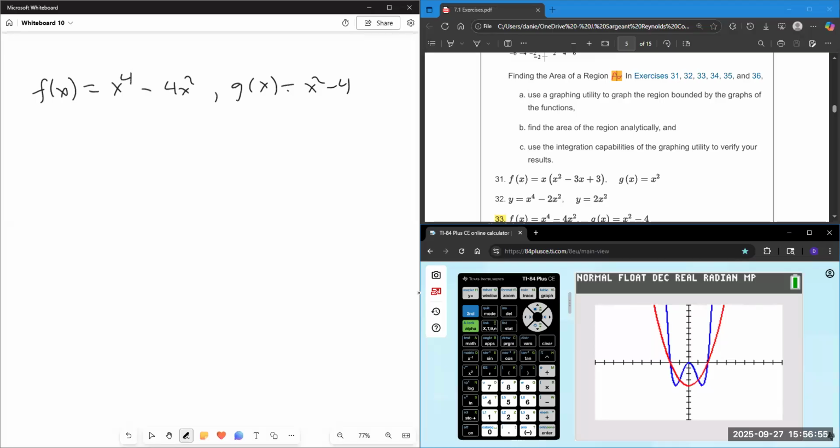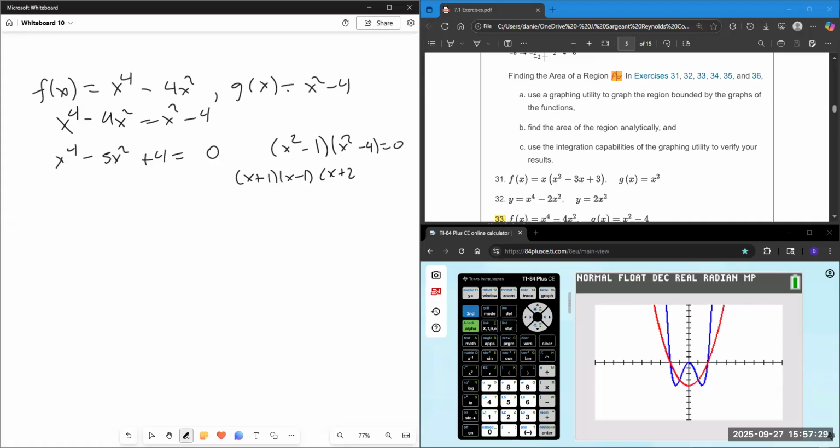I'm going to find where x to the fourth minus 4x squared is equal to x squared minus 4. x to the fourth minus 5x squared plus 4 is equal to 0. x squared minus 1 and x squared minus 4 is equal to 0. x plus 1, x minus 1, x plus 2, x minus 2 equals 0. x is equal to plus or minus 1, plus or minus 2.